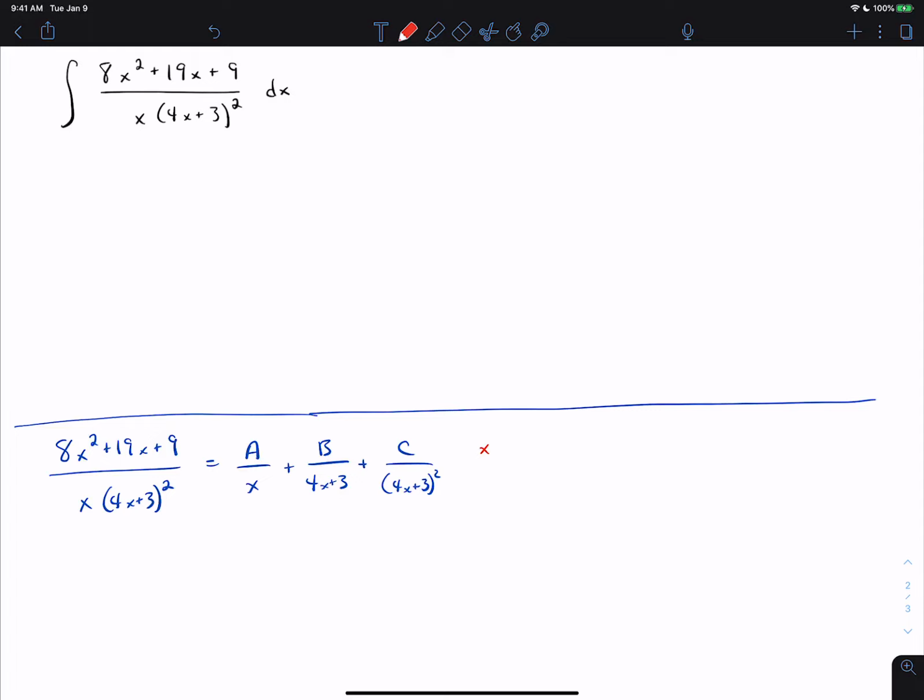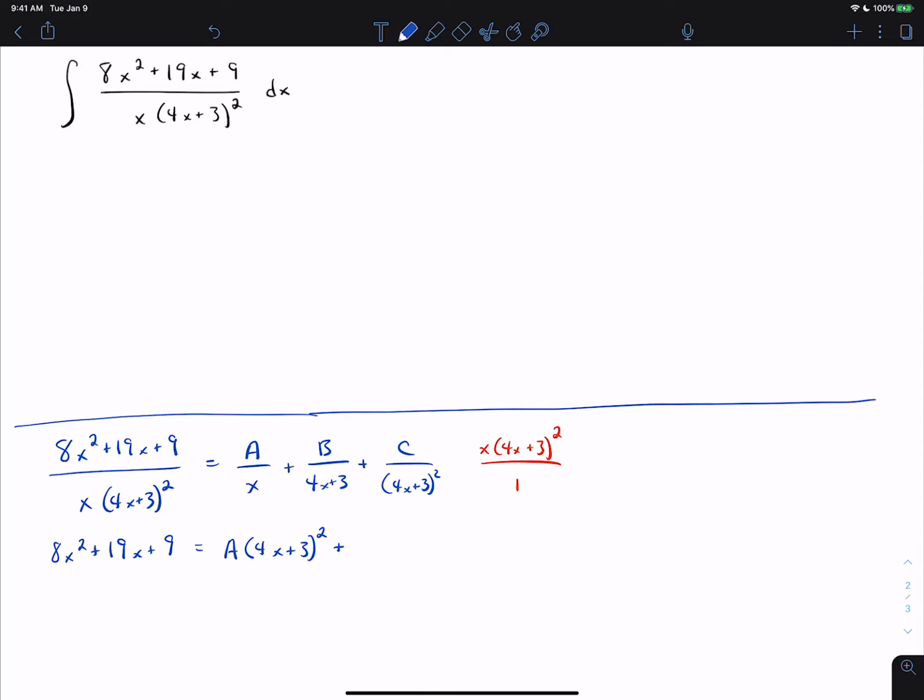So we're going to multiply by the common denominator. And it's real important that we think of it as multiplying by the common denominator over 1 rather than some type of cross multiplication. So if we do this on the left, the entire denominator cancels. That means we get 8x squared plus 19x plus 9. On the right-hand side, on the first fraction, the x cancels, so we get A times 4x plus 3 squared.